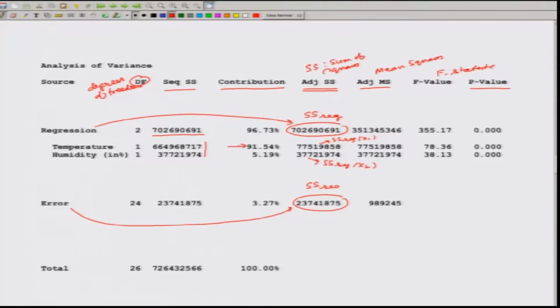So here you can see this value is 91.54%. That means out of the two variables, temperature and humidity, temperature is contributing nearly 91.54% and humidity is contributing only 5.19%. Right, and the component of error here is only 3.27%. Right, the sum of squares due to residual will remain the same as SS res.